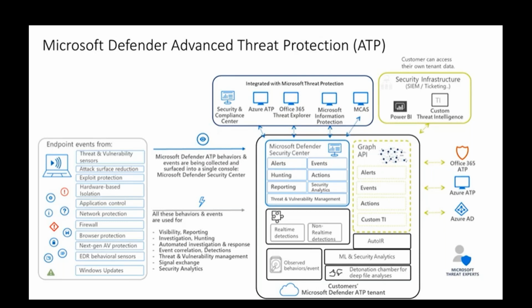Now, if we move to the cloud side towards the middle, you'll notice that the Microsoft Defender Security Center has our alerts, our hunting, our reporting, our events, and our actions. It's important to remember that Defender is now a range of products. We have Defender for Endpoint, Defender for Office 365, and potentially Defender for Identity for our on-prem AD, and so on.